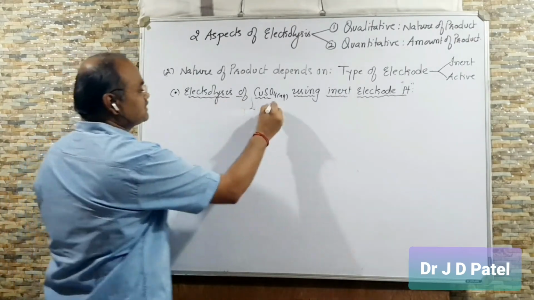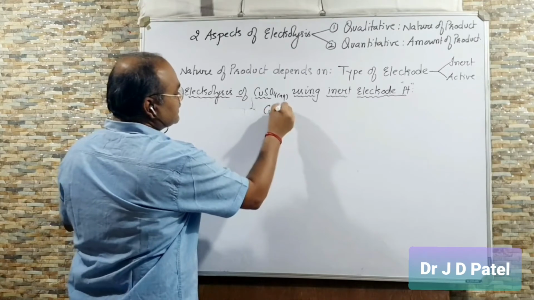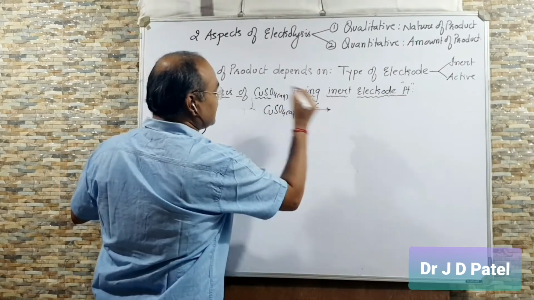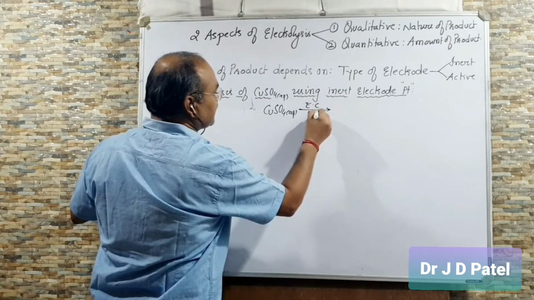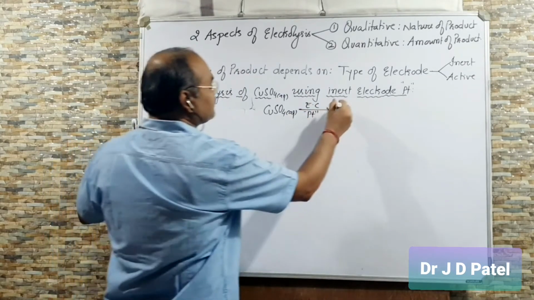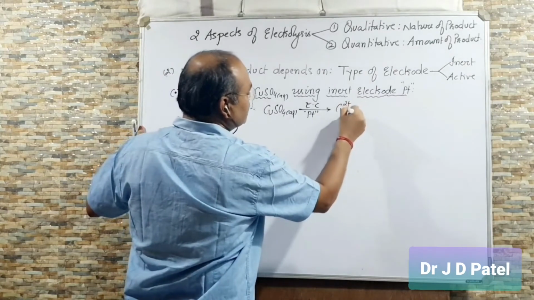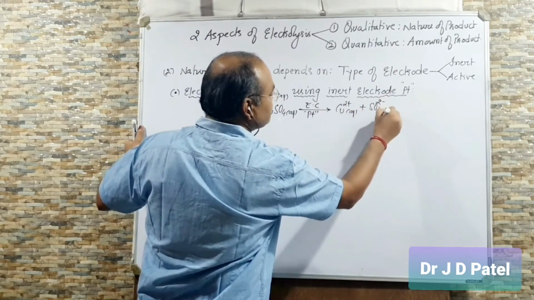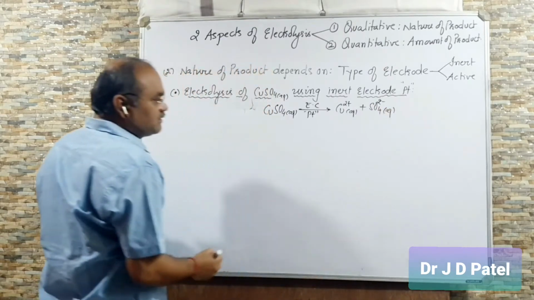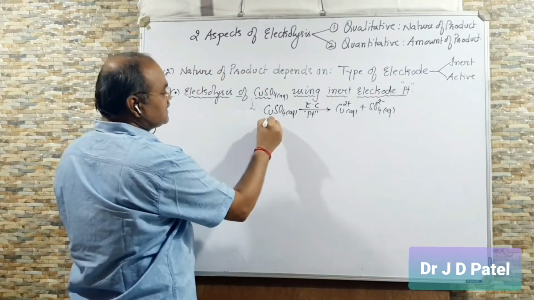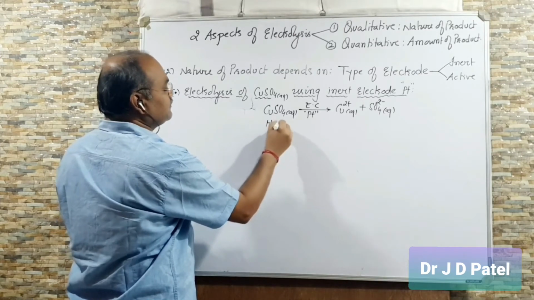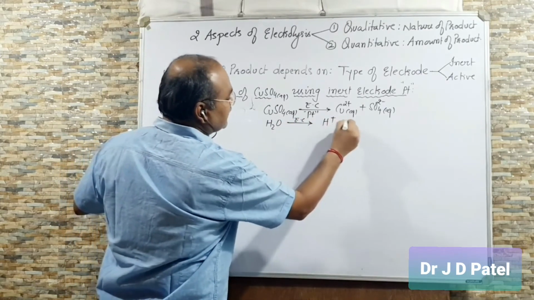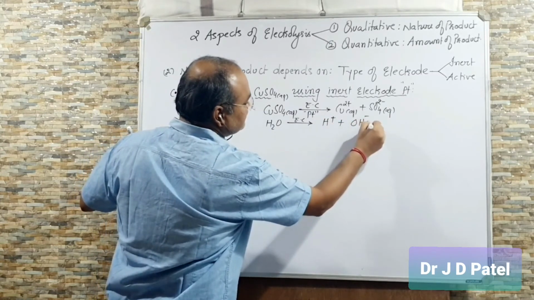So let us discuss in detail. CuSO4 aqueous, on passing electric current through platinum electrodes, what will happen? It will give you Cu2 plus aqueous plus SO4 2 minus aqueous, right? Along with this, water is there, H plus plus OH minus.